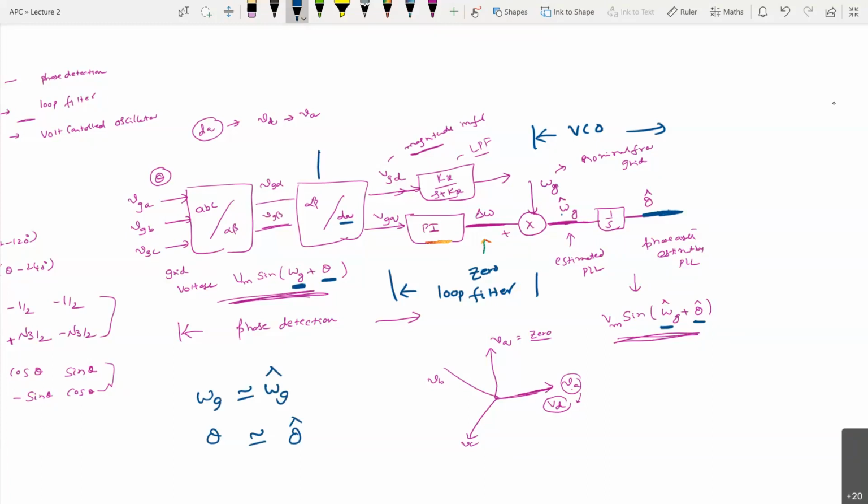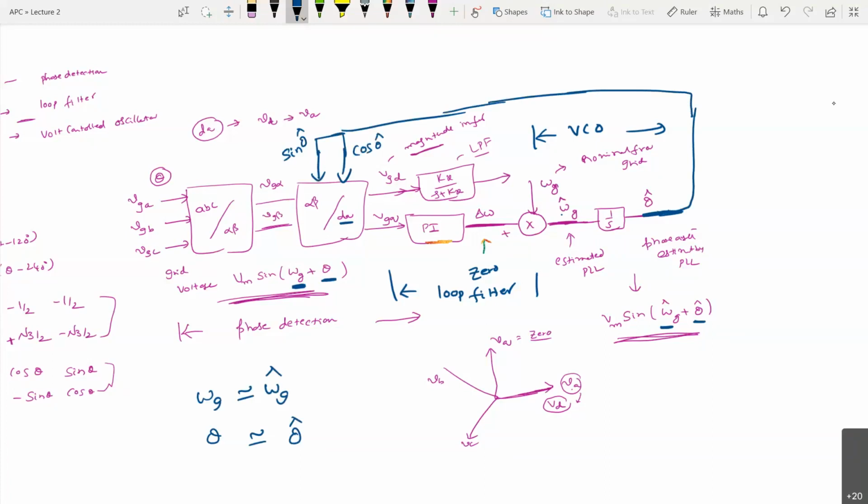So for that, the input is sine theta dash and cos theta dash.